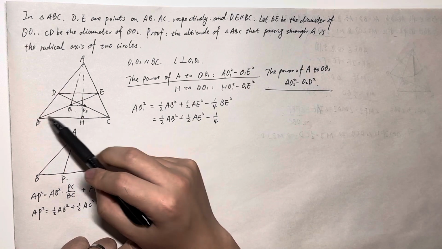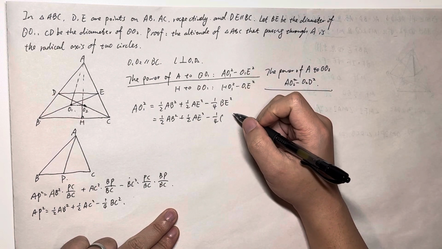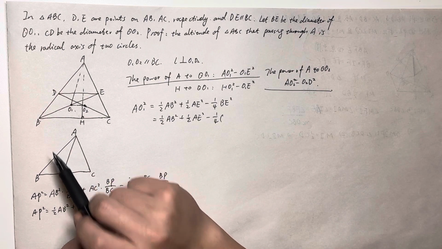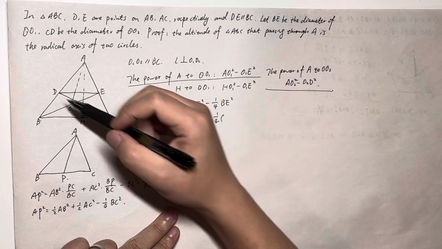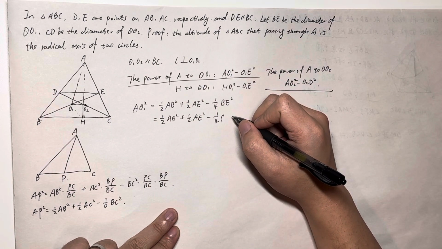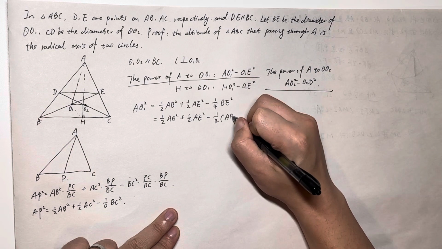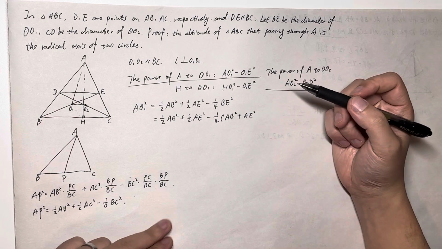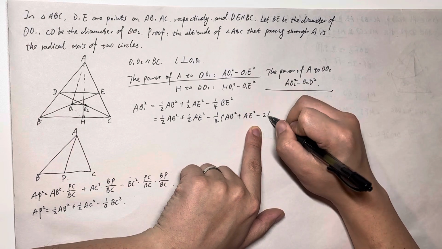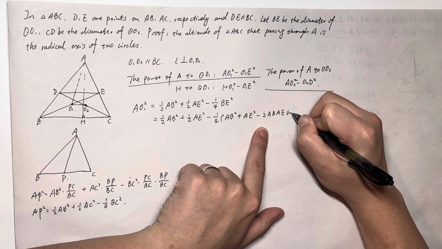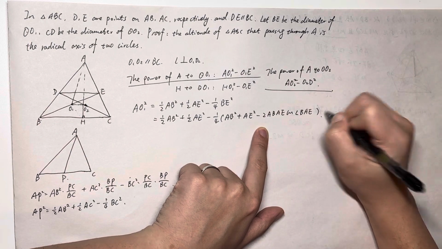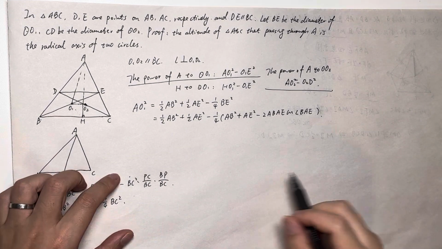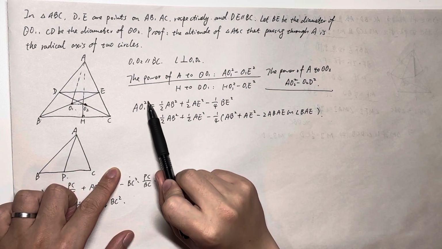We use the cosine theorem. BE squared equals AB squared plus AE squared minus 2AB times AE cosine angle BAE. And that's for AO1 squared.